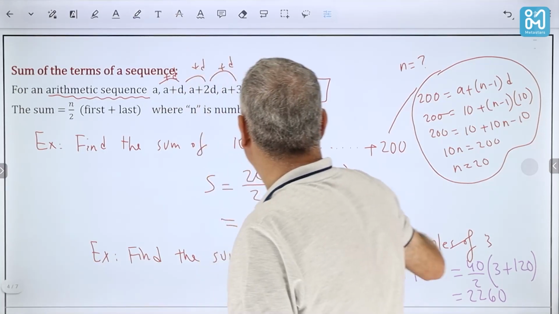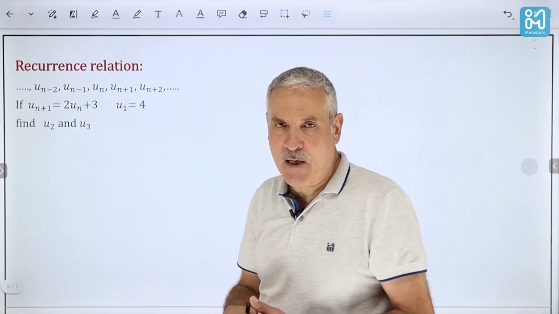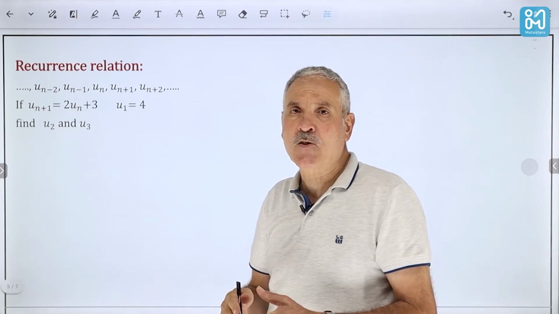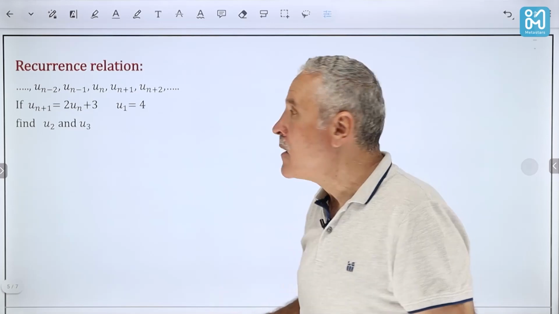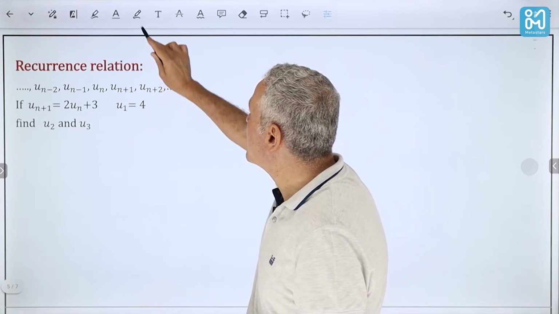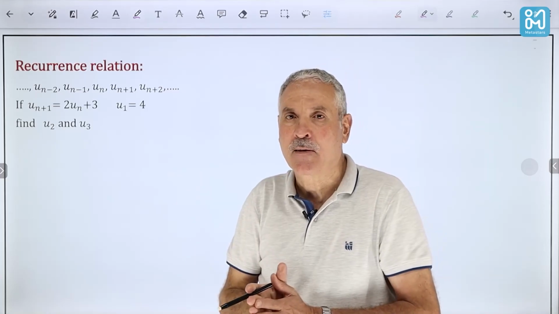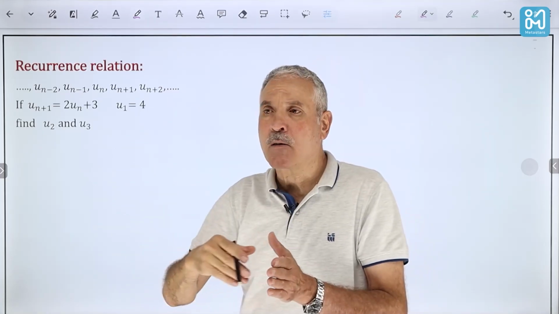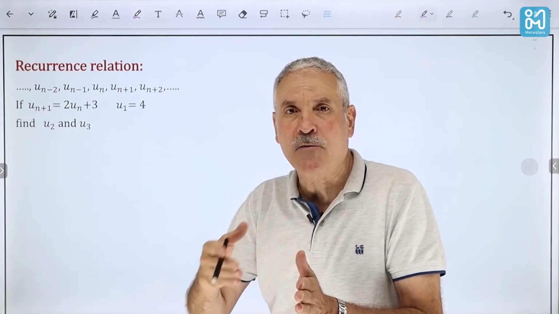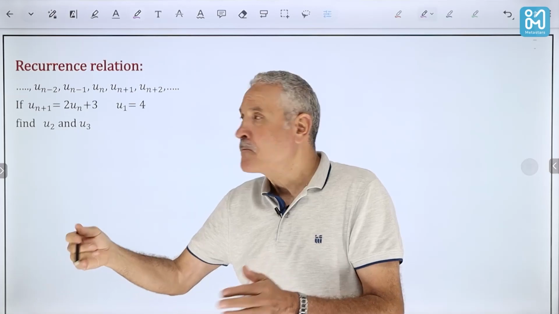And now we have something called recurrence relation. We've been seeing such questions in the external exams, especially in the most recent exams, where you have to understand something like this. Nothing to be memorized here. Recurrence relation is how the terms of a sequence are formed as you go from one term to the other.